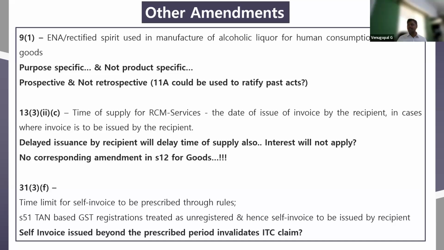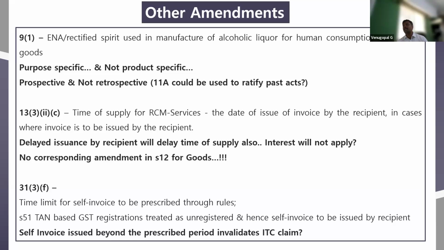Isn't it to be read as saying that in the past, since there is no provision in the law, the time of supply for service is only when the self-tax invoice would be raised? But now they have explicitly amended 13 and 31 to say that the self-tax invoice has to be issued by so-and-so date.